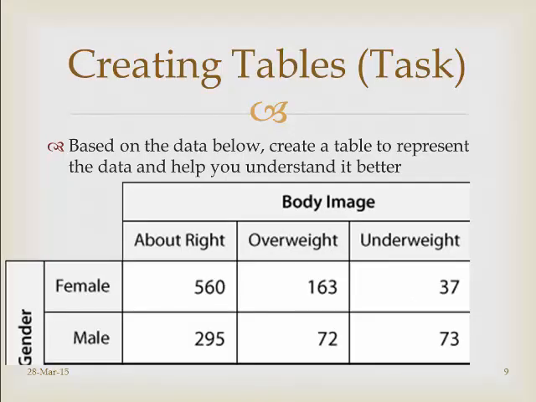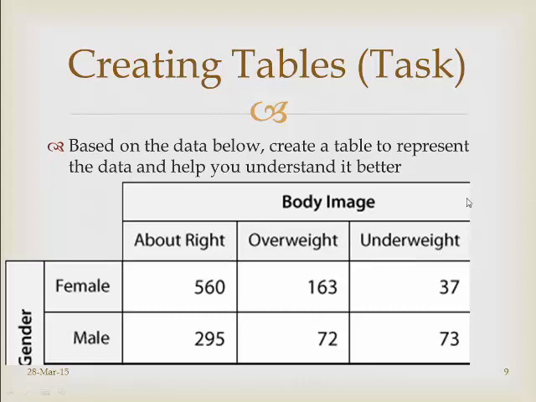Now we're going to do a little exercise. You're going to create a table. This is the data given to you. It's raw data about how many males and females feel that their body image, or how their body looks, is about right, or overweight, or underweight.